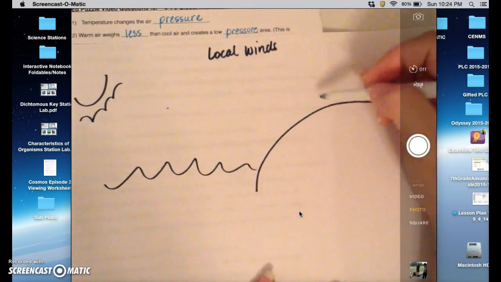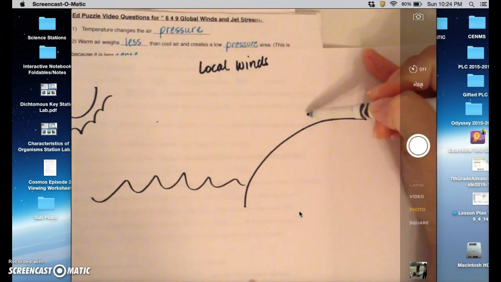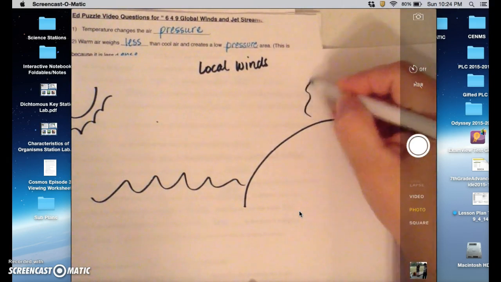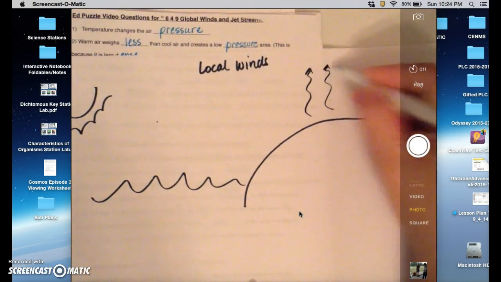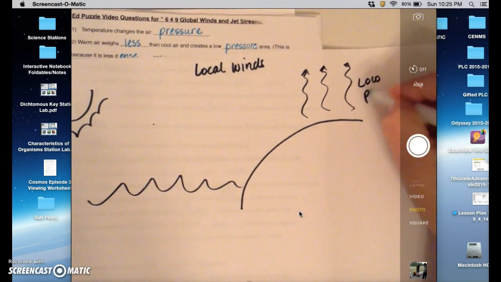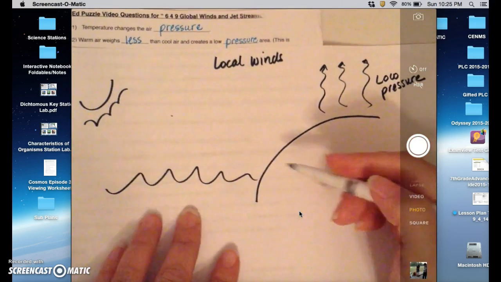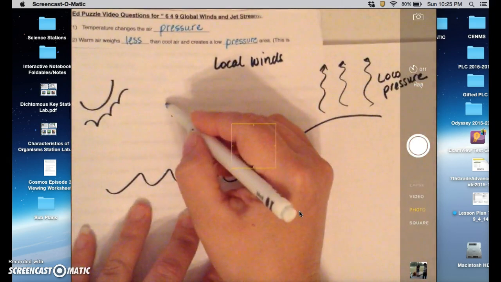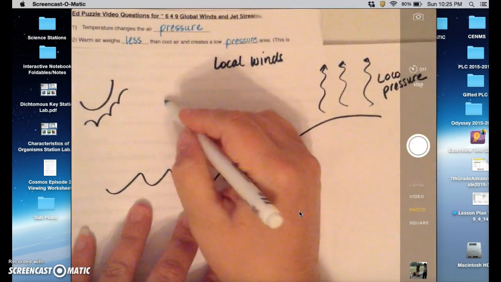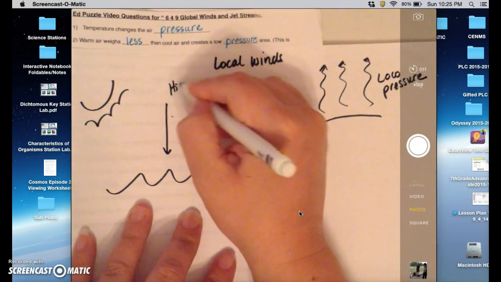That is just characteristics of certain materials. Water takes a lot longer to heat up than solid land. So as this happens, you've got hot air over the land because the land heats up faster, rising, causing an area of low pressure. Over the water, you've got cooler air because it takes a long time for the water to heat up. So you've got that air sinking, causing high pressure.